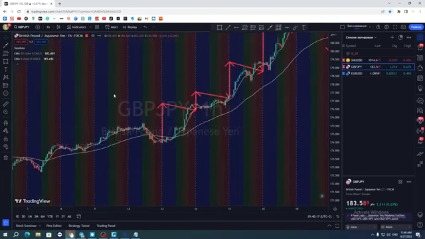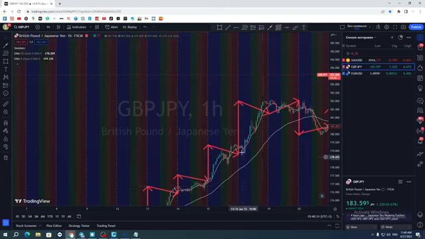Even when you're jumping into the hour, you can clearly see push, then a pullback, and then a push, and then a pullback, and then a push, and then a pullback, kind of here.